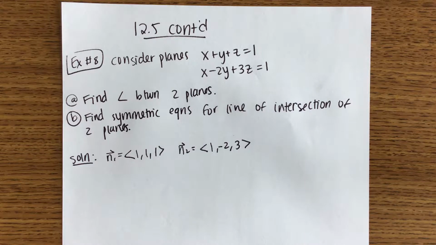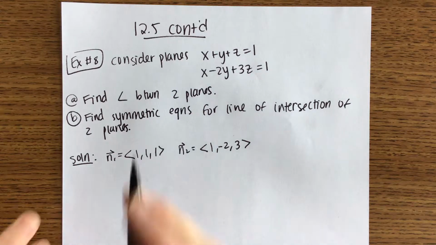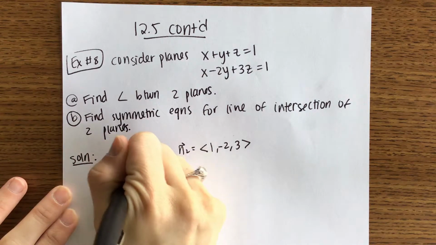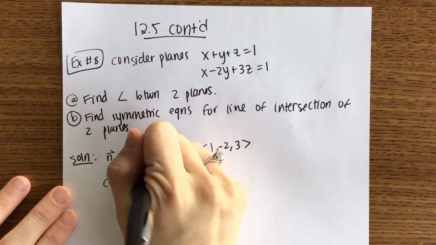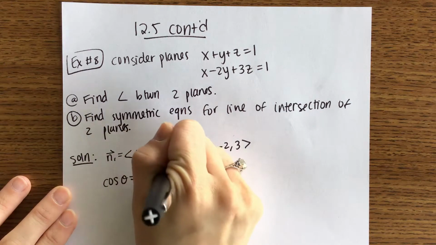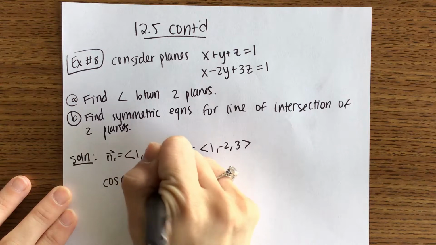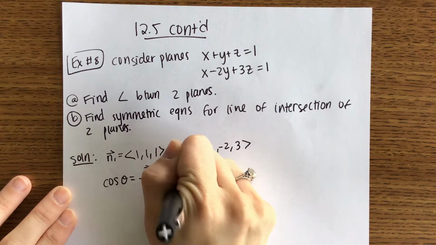How am I going to find the angle between these two? Cosine of theta equals, yep, n1 dot n2 over the magnitude of n1 and then the magnitude of n2.